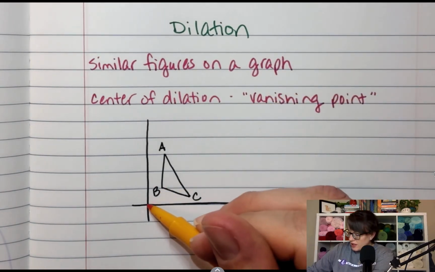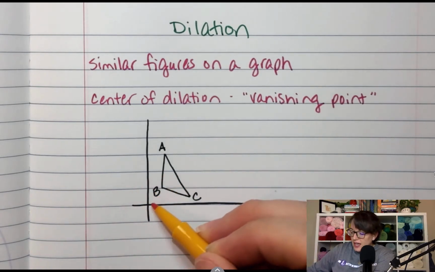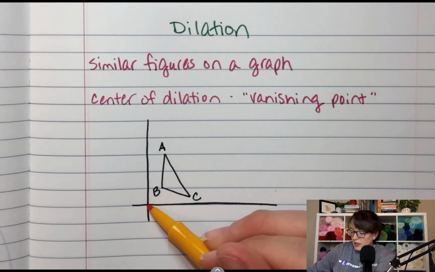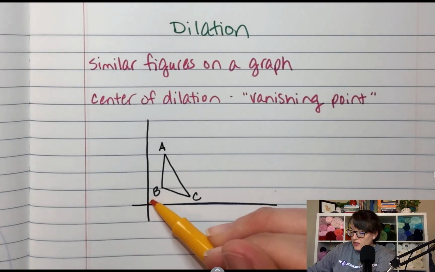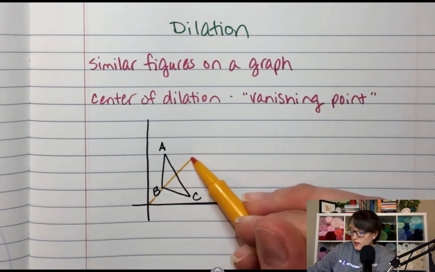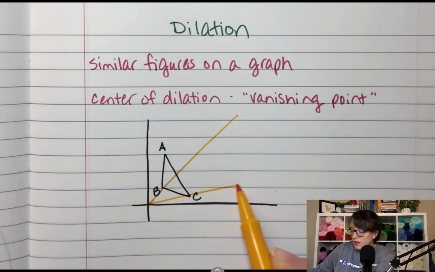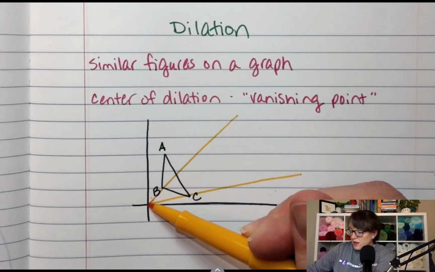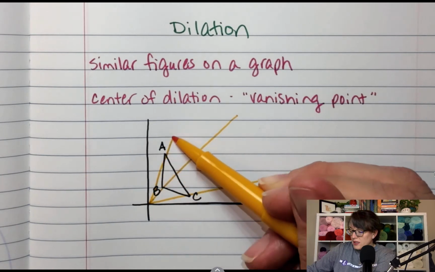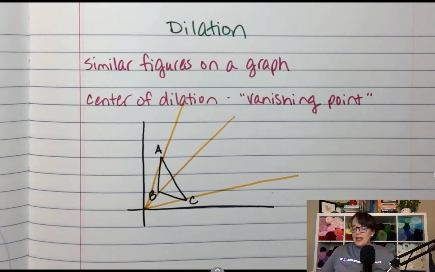The way you do this, we're going to use the origin as the vanishing point, and you draw a line from the vanishing point through the vertex and out. Through the vanishing point, out, and then through this point and out. And now it's a similar figure.